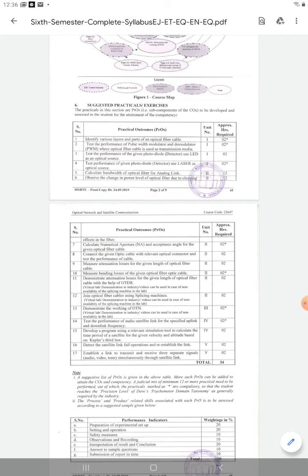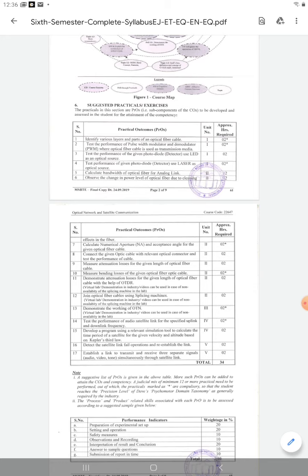In the fifth experiment, we have to calculate the bandwidth of optical fiber for an analog link. In our theoretical aspect, we discussed how to calculate the bandwidth for an analog link, and the same thing we are doing in practical. In the sixth experiment, we have to observe the change in power level of optical fiber due to the cleaning effects in the fiber.